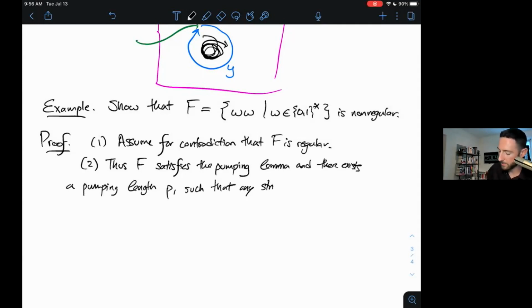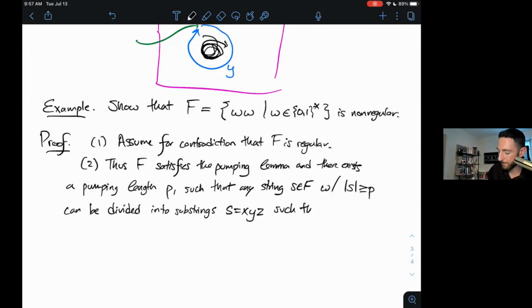any string S in F with the length of S greater than or equal to P can be divided into substrings S equals XYZ such that, what were our conditions?